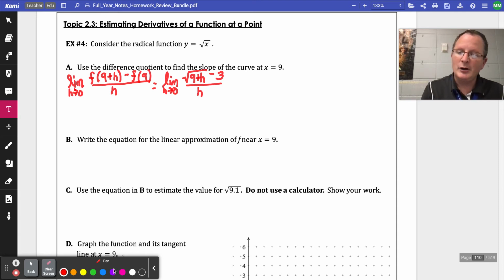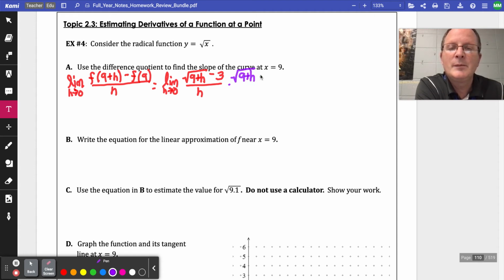Cool. And then we're going to do our little conjugate trick that we've done so many times. So we've got the square root of 9 plus h plus 3, top and bottom. Try not to lose anything this time. Square root of 9 plus h plus 3.